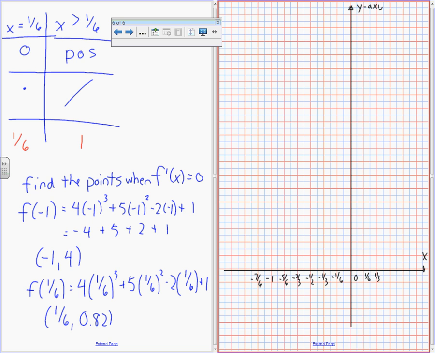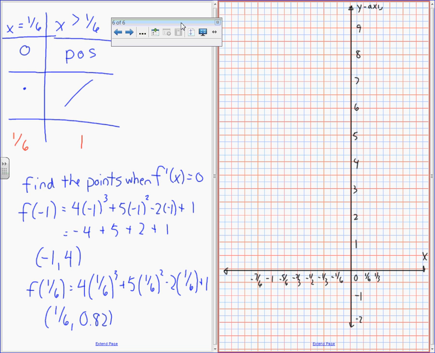I have to get all the way up to 4, it looks like, so there's 1, 2, 3, 4, 5, 6, 7, 8, 9. I got a lot higher than that, but that's okay.